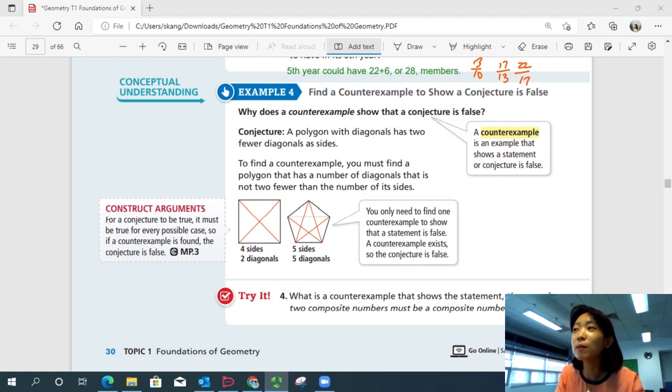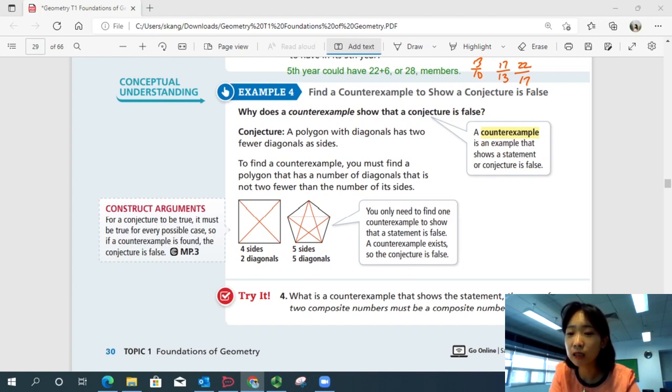The sum of 2 composite numbers. What are composite numbers? By definition, a composite number is a positive integer that can be formed by multiplying 2 smaller positive integers.